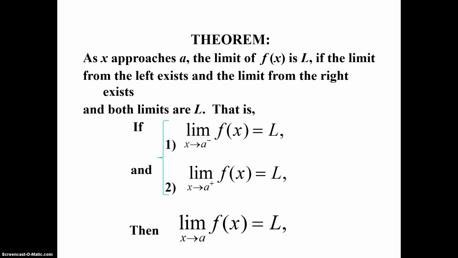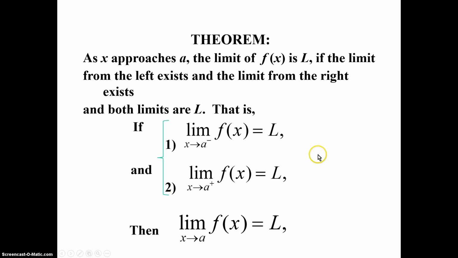Okay, I also introduced to you this theorem, and it says, as x approaches a, the limit of f of x is L if the limit from the left exists and the limit from the right exists, and both limits are L. In other words, you don't even have to write the wordy part of this theorem down. You actually need to write the part where it starts with "if" and everything underneath that.